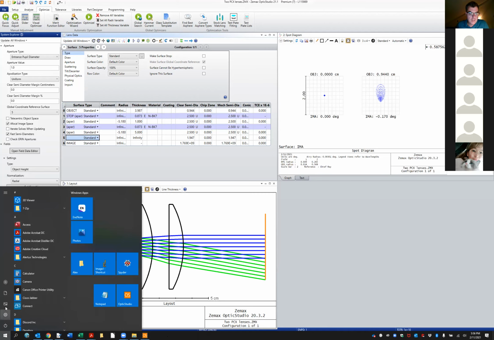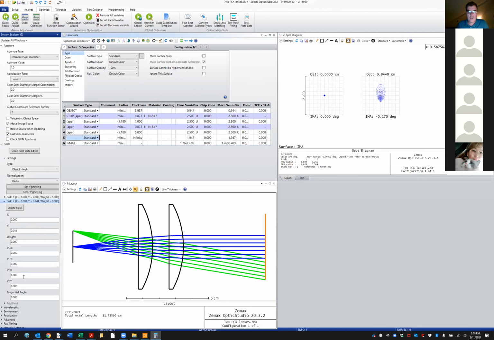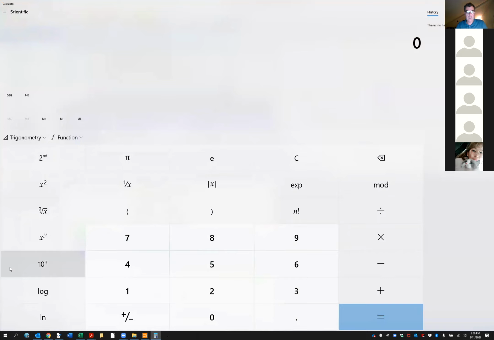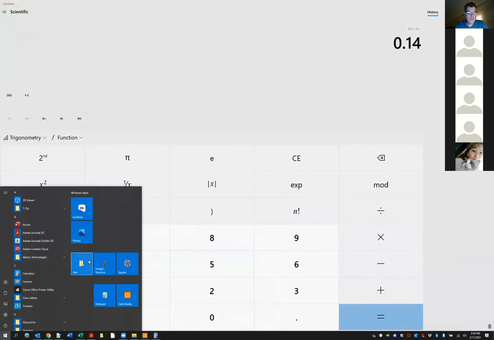All right, then I go to my calculator and I say 0.7 divided by 5, and then I take the arctangent of that. And of course, it doesn't have arctangents on there.